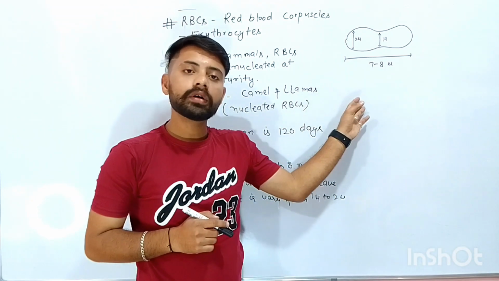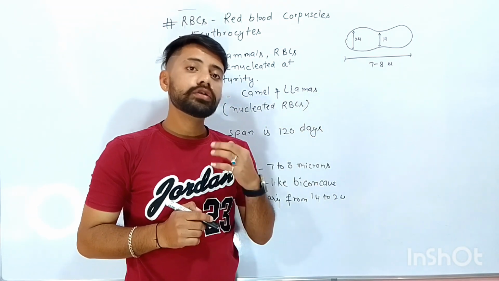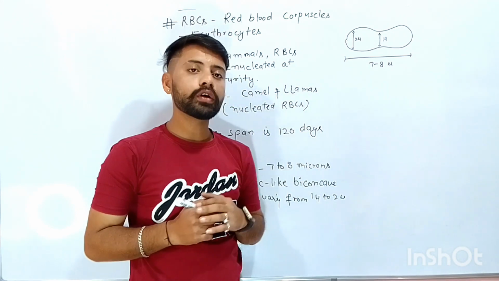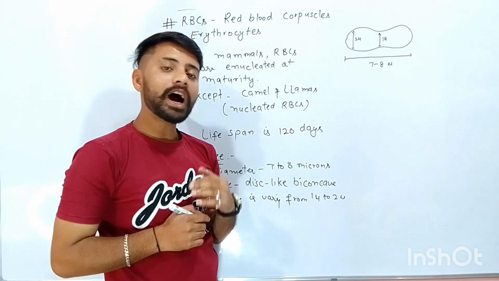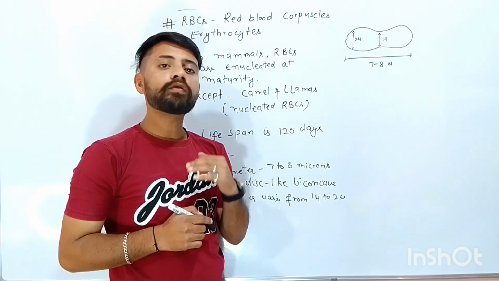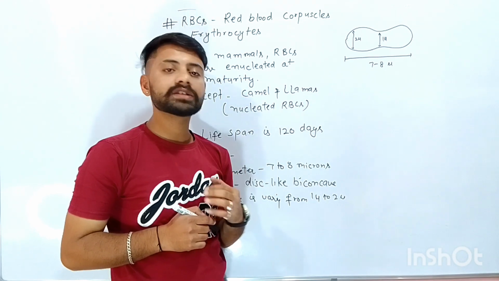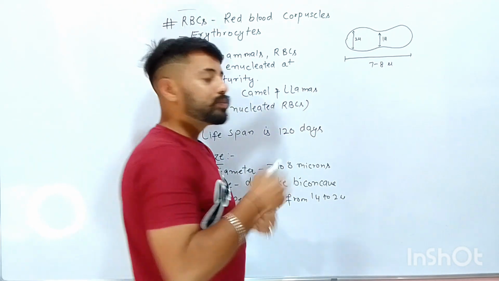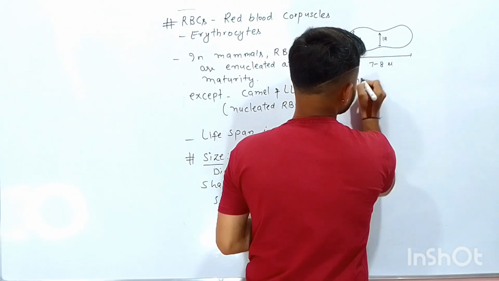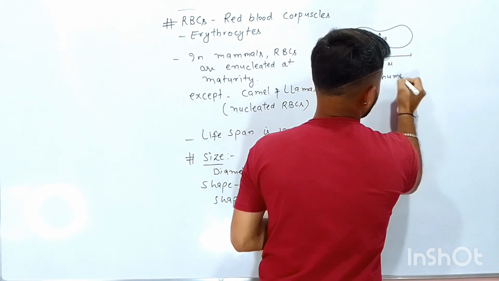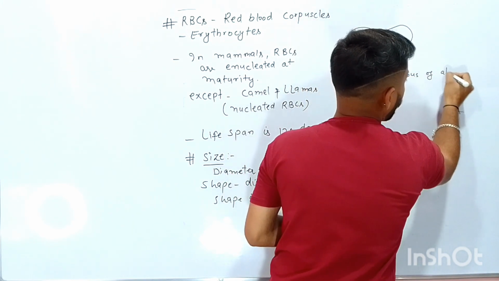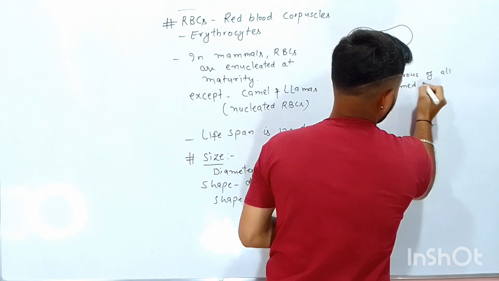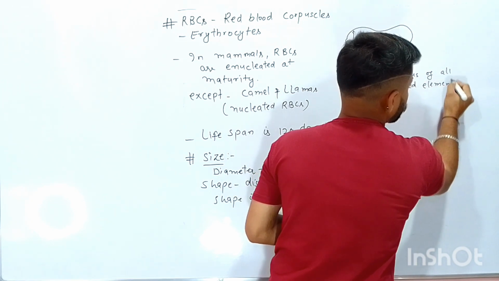Now let us see the number. The number of RBCs is different in females and males. When we talk of the number of RBCs, they are the most numerous of all the three formed elements which are present in the plasma, that is RBCs, WBCs, platelets.